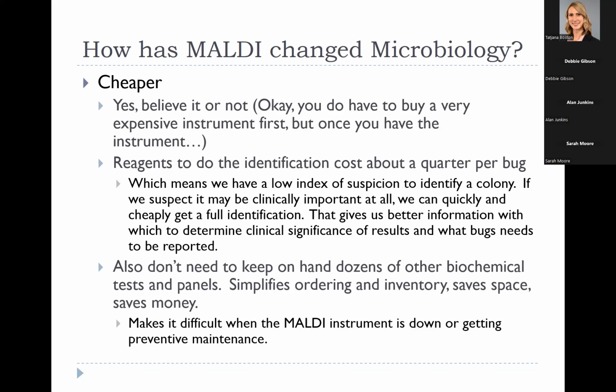Find out what this bug is and not have to go pay for other laboratory testing to be done. Those are all things that are very, very difficult to quantitate. No one really argues that MALDI is not going to reduce your expenses in all these areas. It's just really hard to quantitate how much it is. So that's the difficult part.